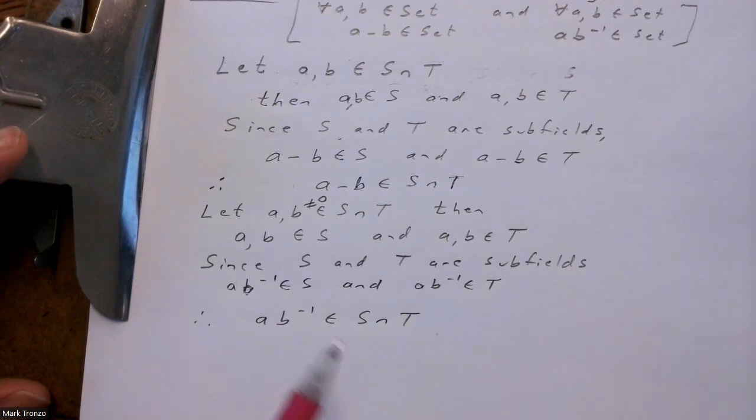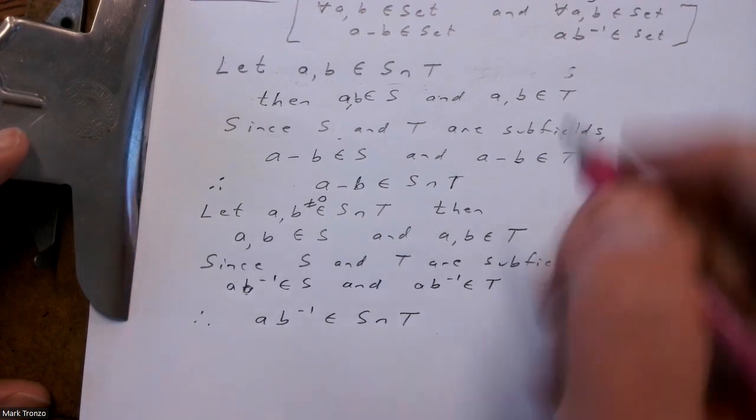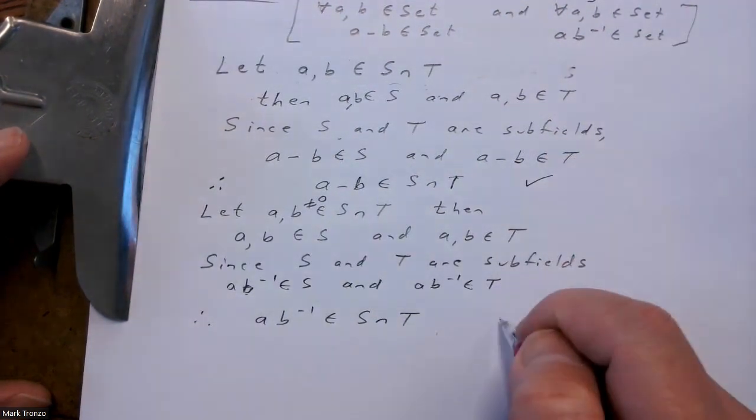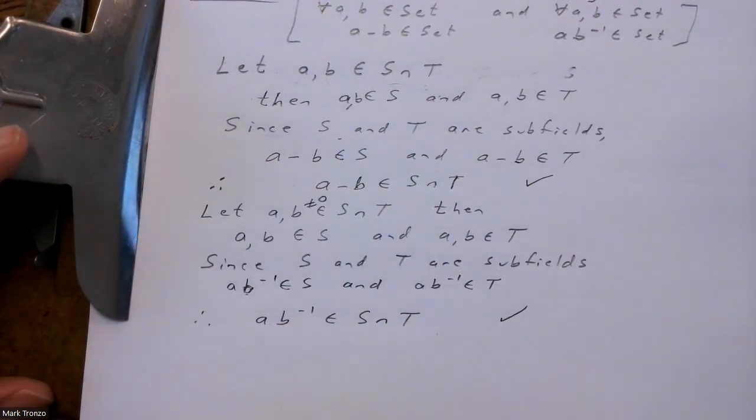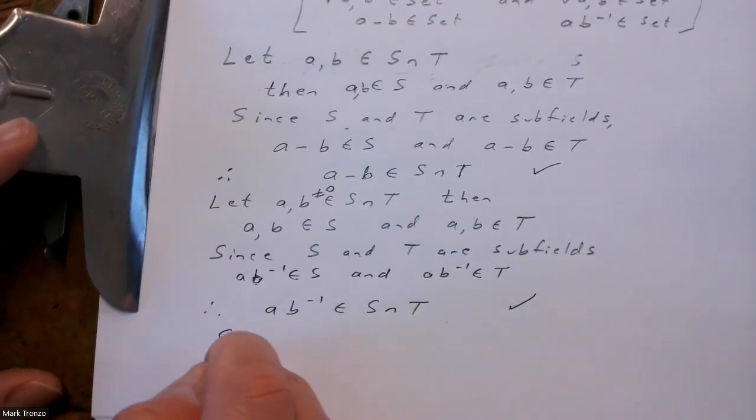Once again, we picked two typical elements in the set we were interested in, S intersection T, and proved that A B inverse was in the set. Along with the first test, we passed the two subfield tests.